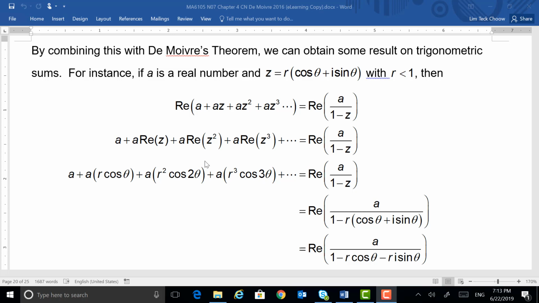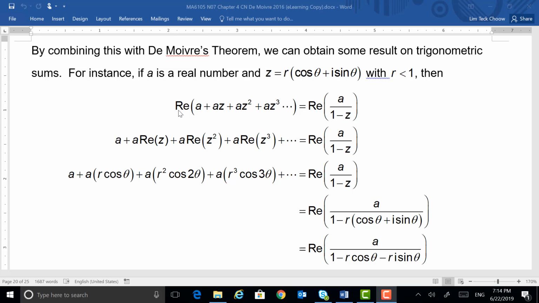Bear in mind that z squared, if z is r(cos theta plus i sin theta), will be r squared (cos 2 theta plus i sin 2 theta). Because you are obtaining just the real part of z squared, you only have r squared cos 2 theta, and likewise for z cubed.